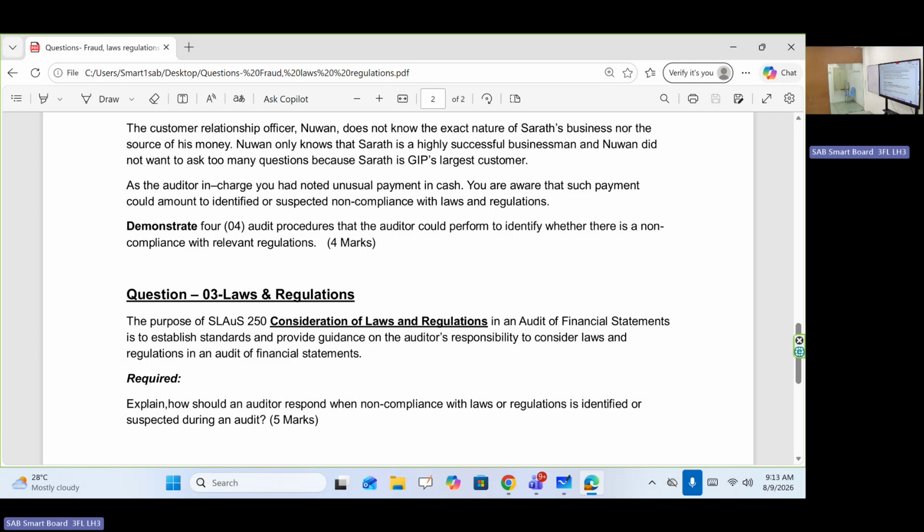Okay, so these are the six audit procedures: understand about laws and regulations, and fraud or non-compliances identified or suspected.